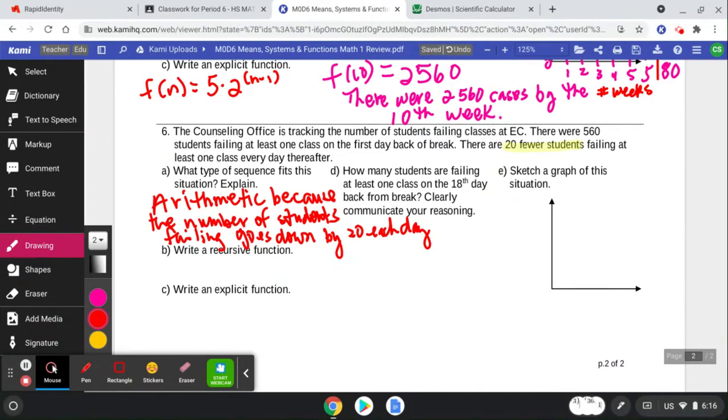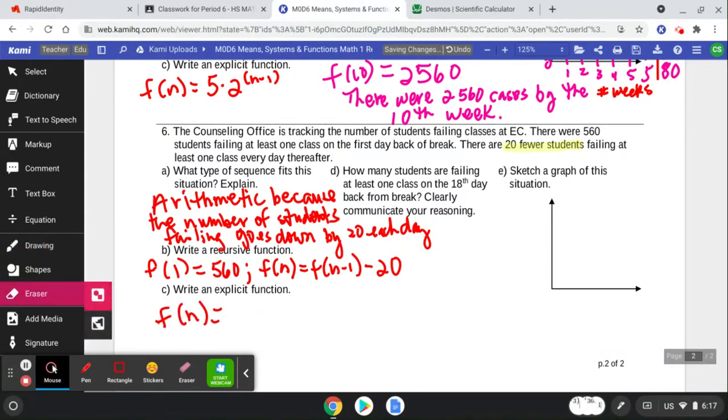Writing the recursive. On the first day back from break, there were 560 failing. And then every day thereafter, there were 20 less, 20 fewer. So it's a minus 20. The explicit goes like this.